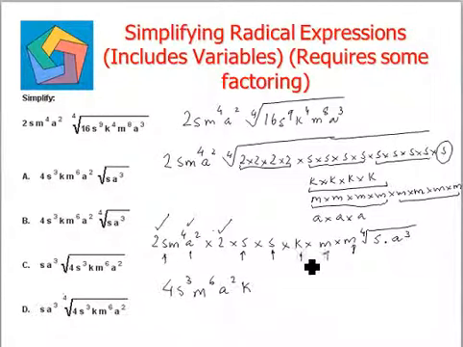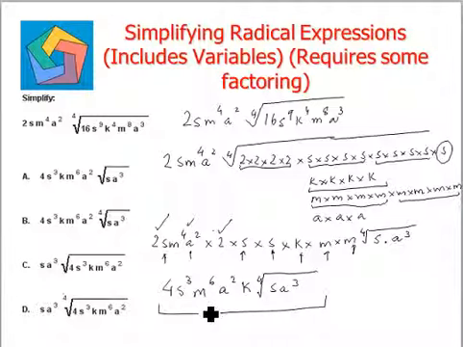I think we've done all, and inside we are left with s a cubed with the radical index 4. This is our final answer. Let's see which option it matches. s a cubed inside, that is option B, 4 s cubed, m to the power of 6, k a squared. Correct. B is the correct option.